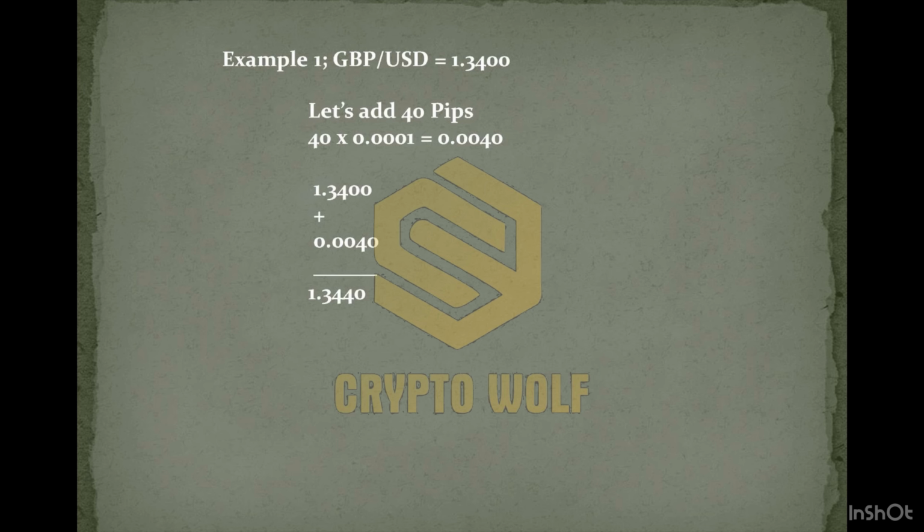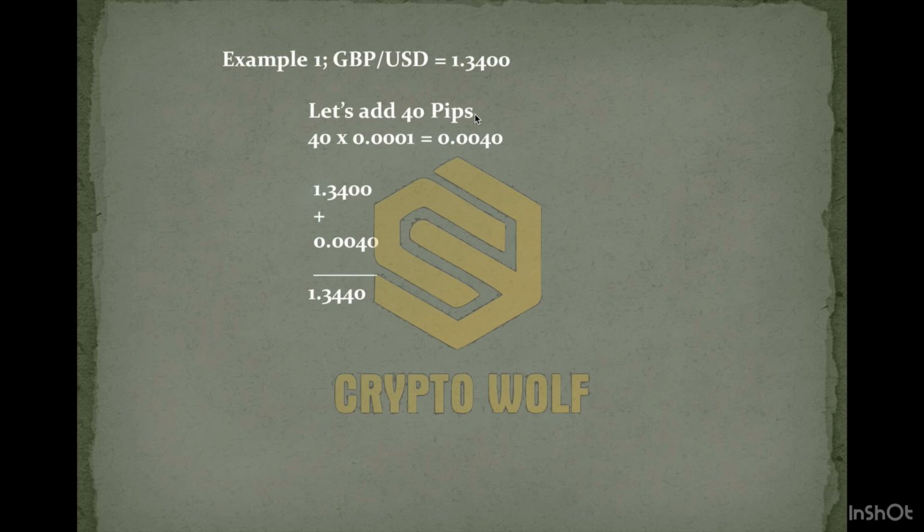Now let's take one example. Example 1, GBPUSD. Let's assume it is trading at 1.3400. This is not the actual price, I'm using it just for example's sake. Now let's add 40 pips to it.